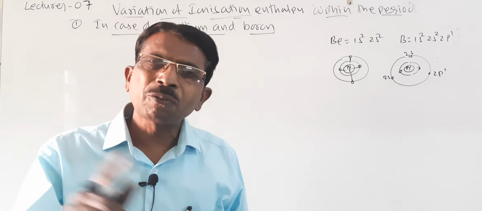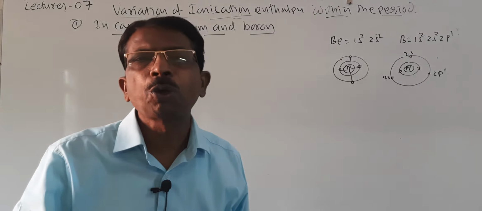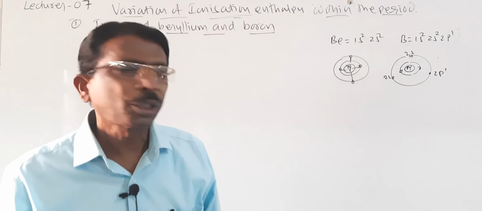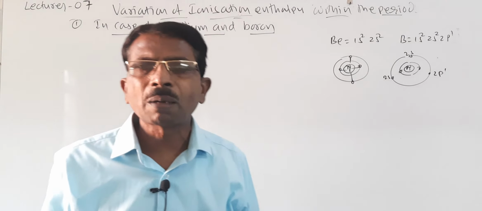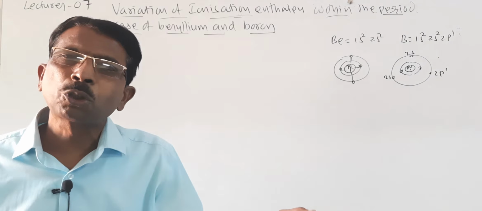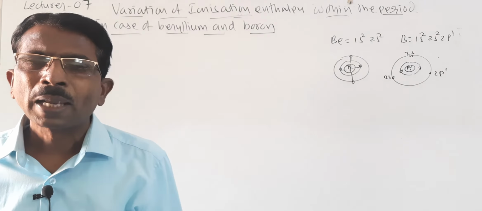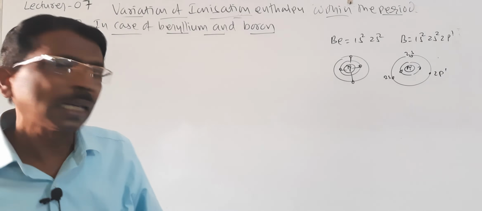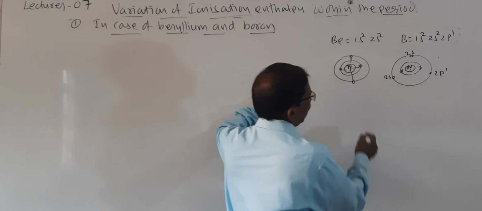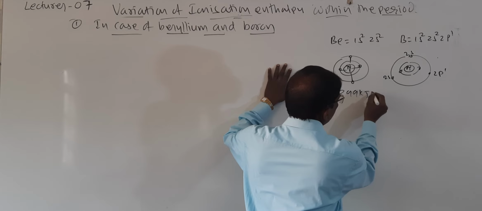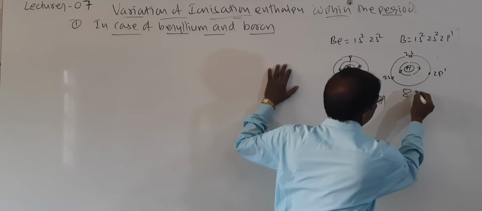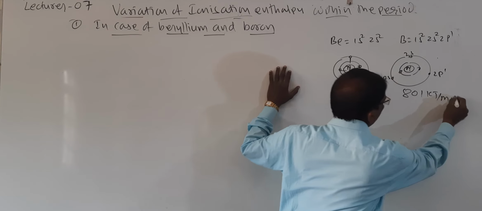The penetration of the 2s electron to the nucleus is more as compared to that of the 2p electron. So therefore the 2p electron can be easily removed, and hence its ionization enthalpy is less. So the ionization enthalpy of beryllium is 899 kilojoules per mole, and here it is 801 kilojoules per mole. Here it is less.